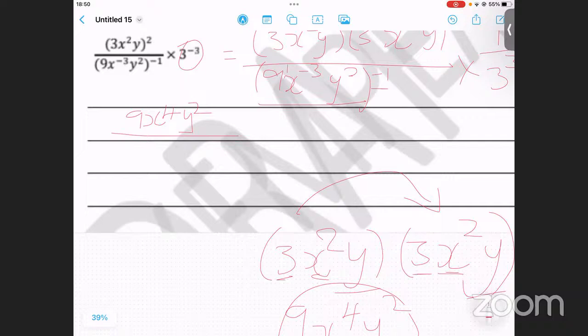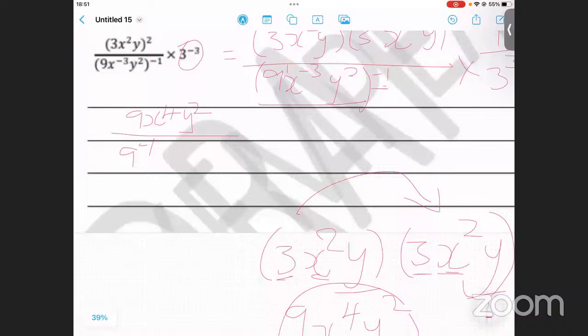So we are having 9, which doesn't have an exponent. If you have a number or a letter that doesn't have an exponent, that means its exponent is 1. So it's 9 to the power of 1. So you're going to have 9 to the power of 1 multiplied by negative 1. So it's going to be 9 to the power of negative 1.